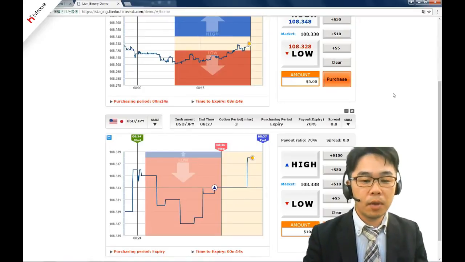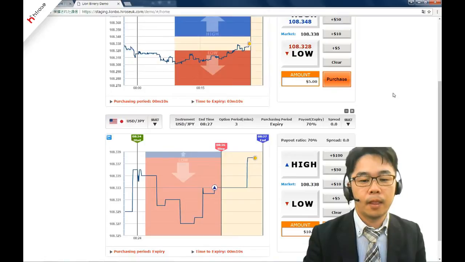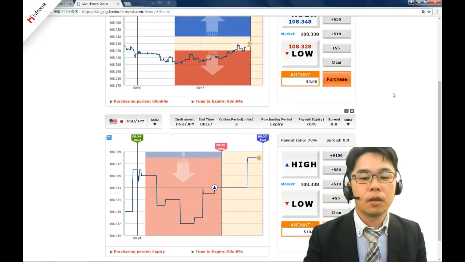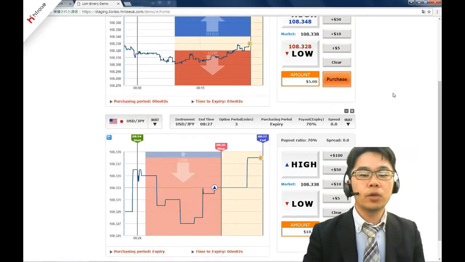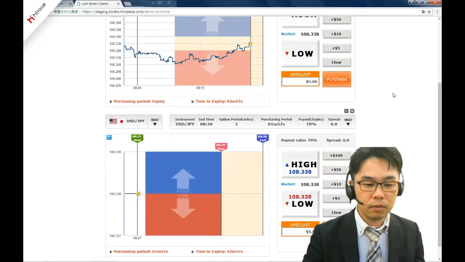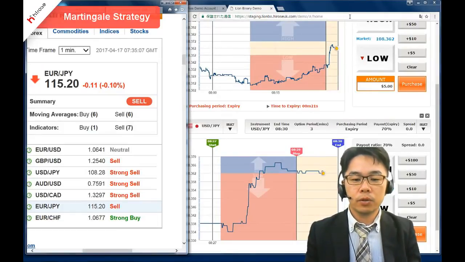Okay, now the market price is higher than my purchase point. So this is the 303 strategy combined with the signal. Now let's talk about the martingale strategy.